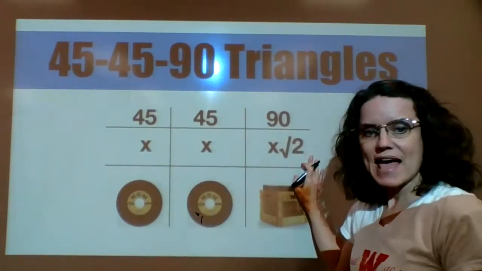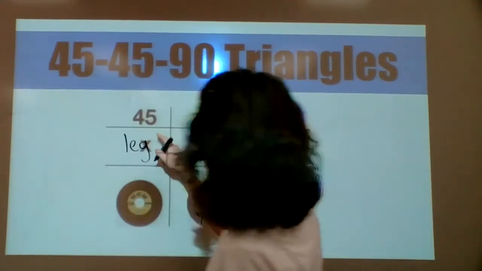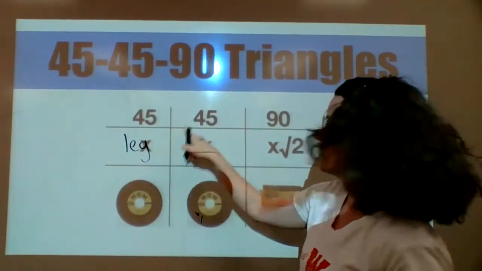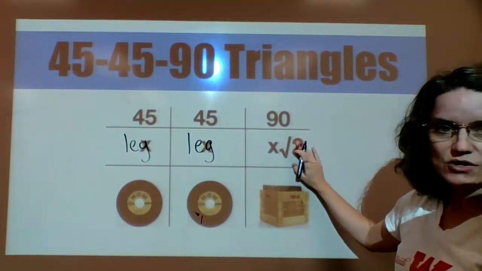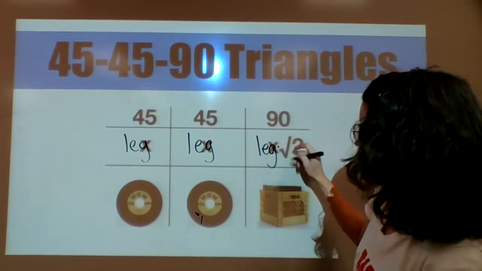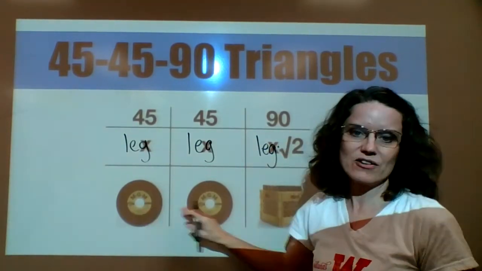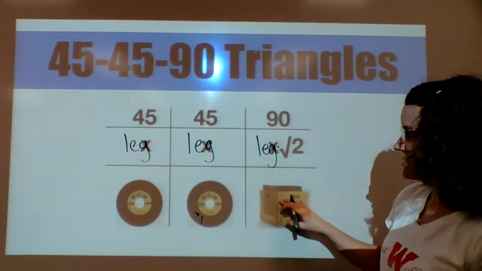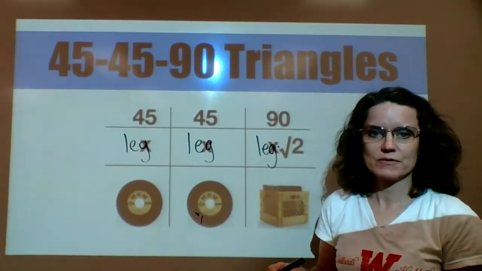If having the x's here is going to confuse you, I like to just say the 45 degree side is a leg, another side will be another leg, and then the 90 degree angle is going to be opposite the side that is the leg times the square root of 2. So this is a 45 record, this is a 45 record, and this one is in a square box. That's to help you remember how it looks.